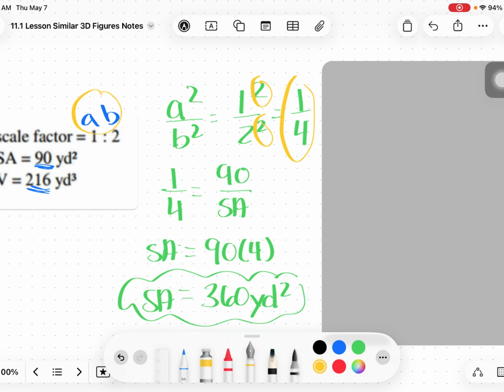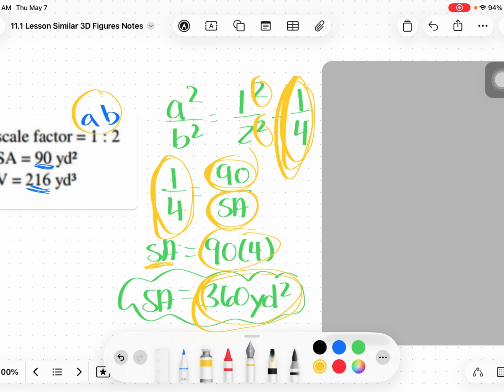If I have the surface area of my smaller shape and I divide it by the surface area of my larger shape, it should reduce to a fraction of 1 over 4. That's what that ratio of surface areas tells me. I can cross multiply. I do 1 times the surface area. That leaves me with just the surface area. 90 times 4. And that gives me the surface area of the bigger shape is 360 yards squared.